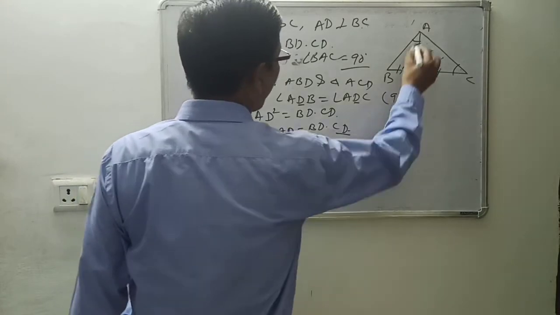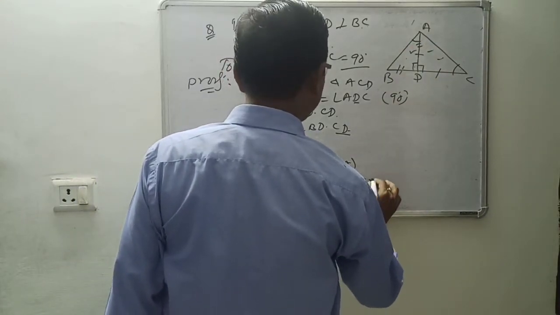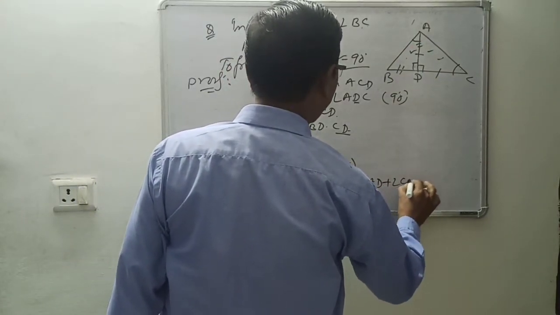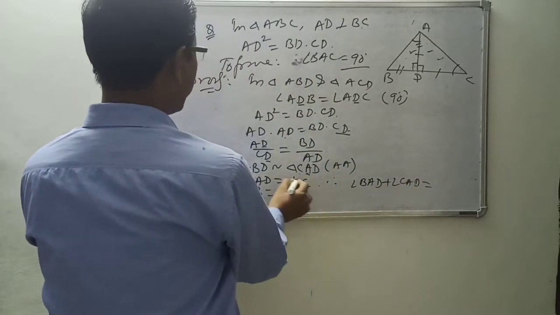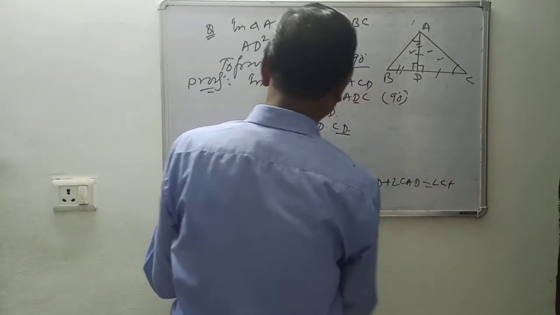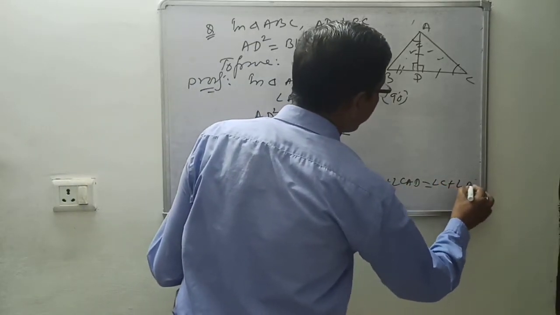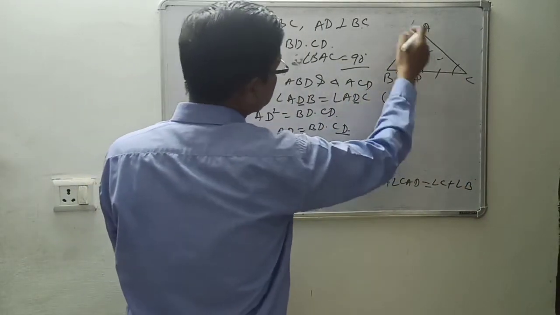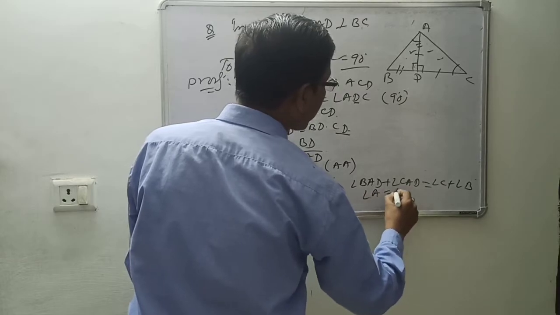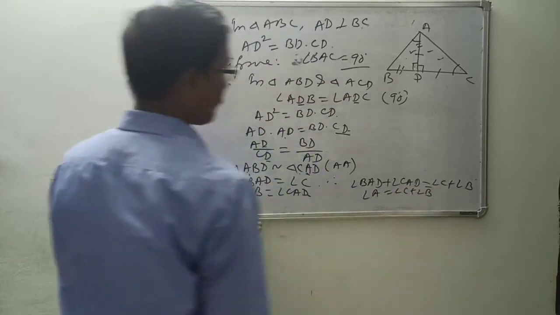So therefore, whole A angle, look, BAD plus CAD, what we can write? BAD can be written as angle C, CAD can be written as angle B. So BAD plus CAD equal to whole A angle is coming C plus B.